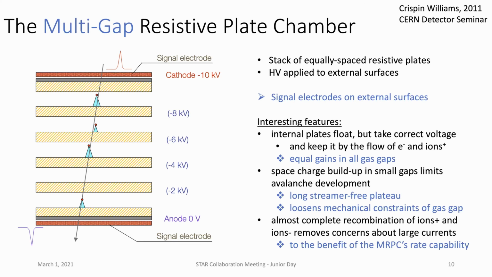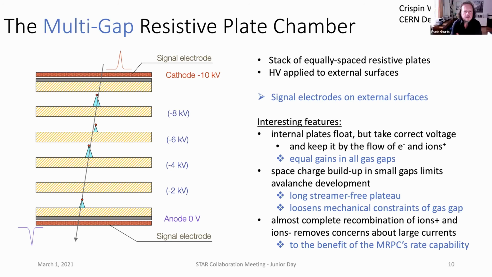We get one signal, yes. But when the track goes through each pad, electrically they will produce a signal, right? Yes. And then it will go to the MRPC. They will combine to one signal, right?